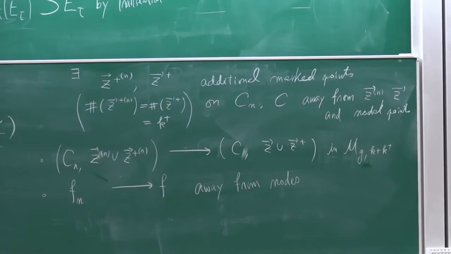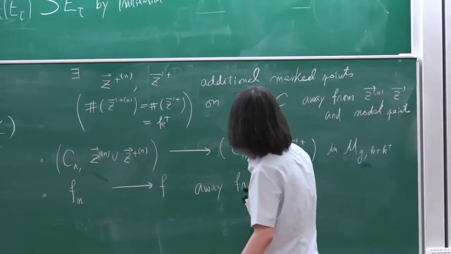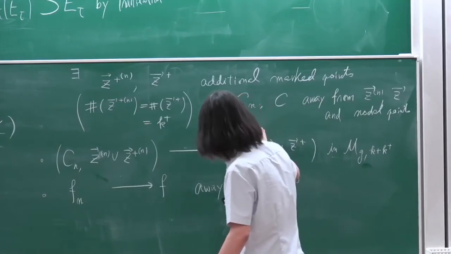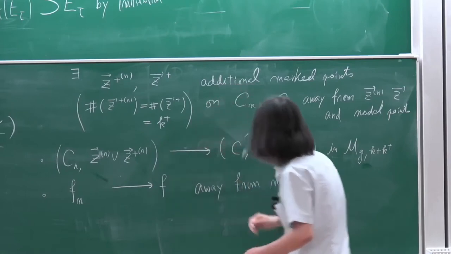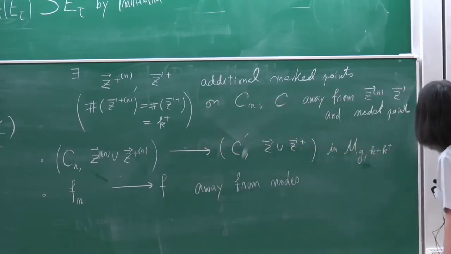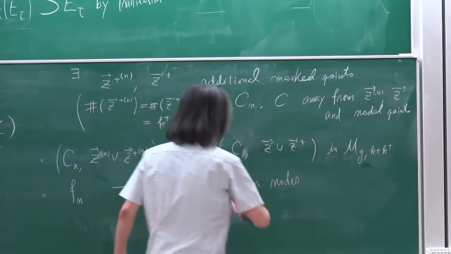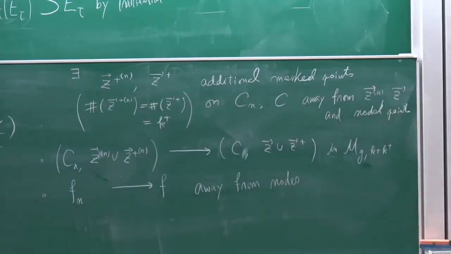Maybe I have to write it different first. Okay, so C prime. Maybe for simplicity, I just assume this. I will mention this a little bit later. So okay, away from nodes.